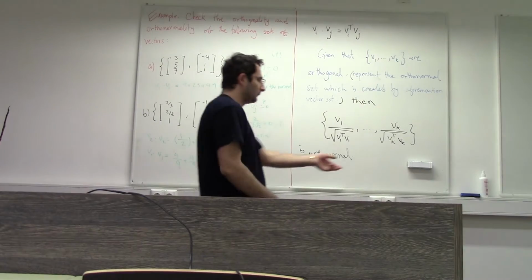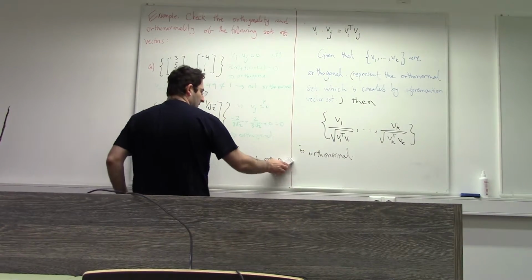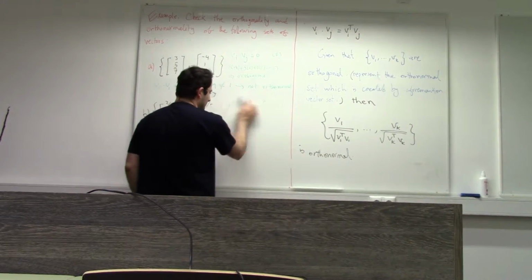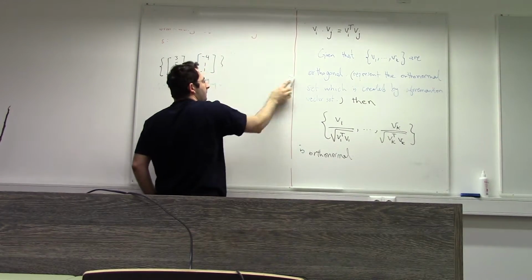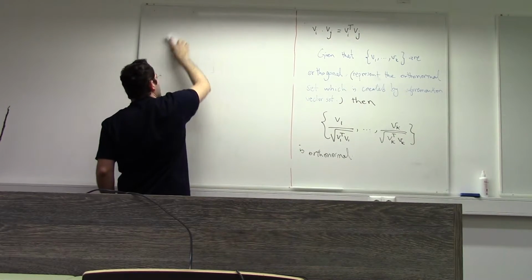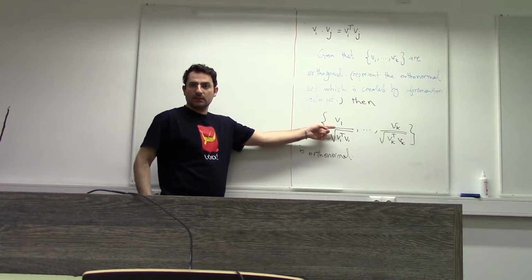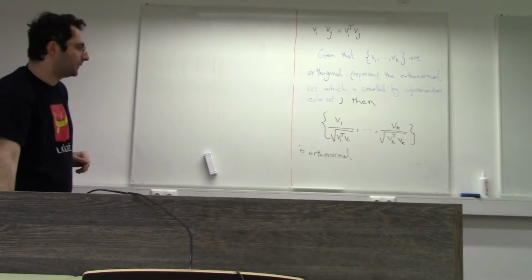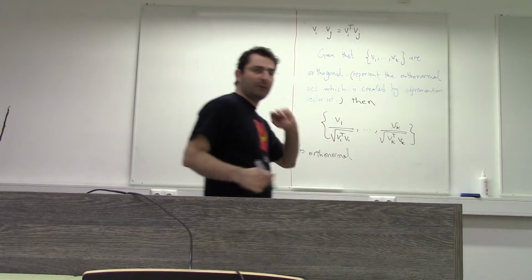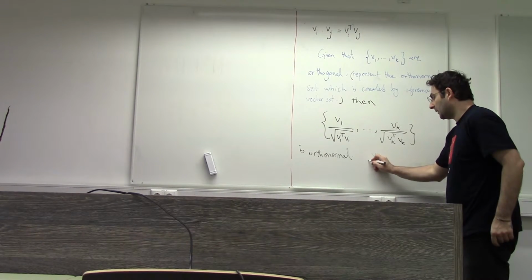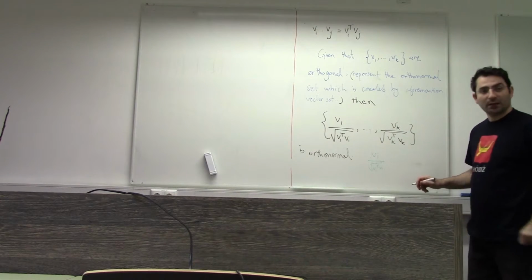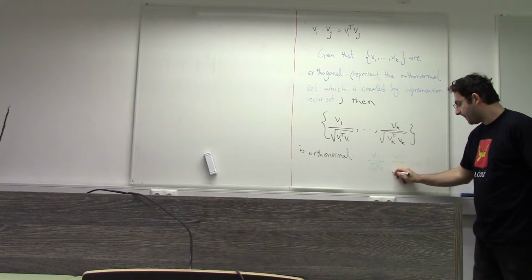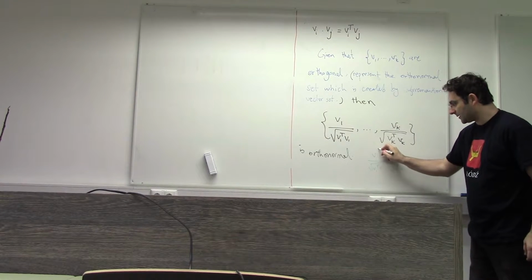Is it obvious to see it? Because if we are picking up one of the vectors, vi over square root of vi transpose vi, and we dot product it by itself, you know that dot product means that this is transpose.